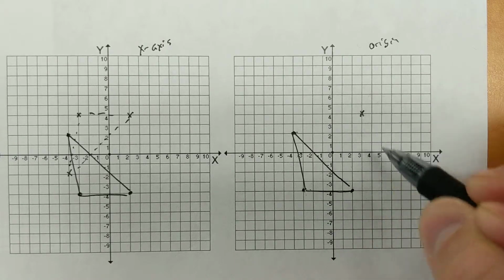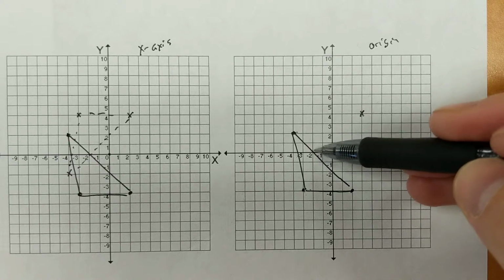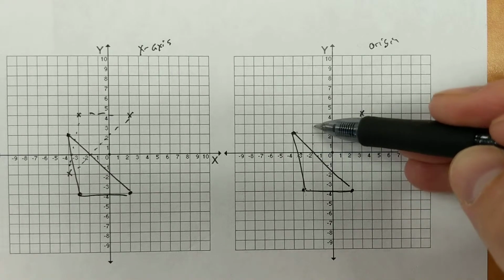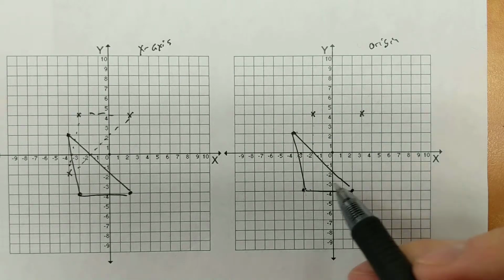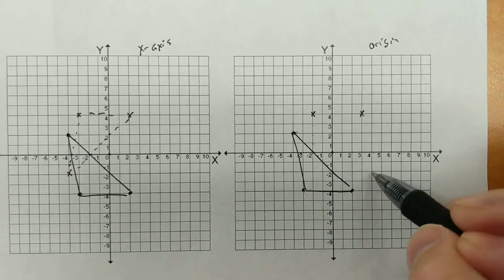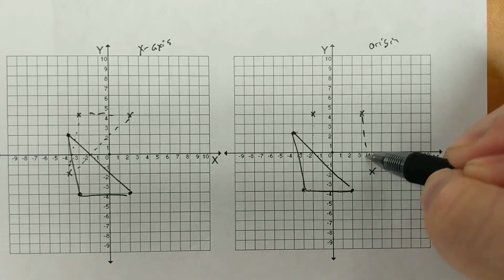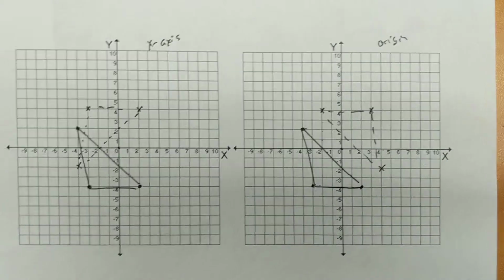This one was 2 right, so it's now going to be 2 left, and it was 4 below, so it's now going to be 4 above. And then this one was 4 left, so it'll now be 4 right. It was 2 up, so it'll now be 2 down. So that's reflected across the origin.